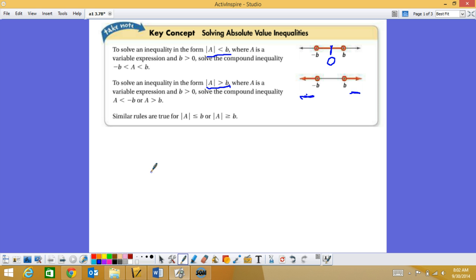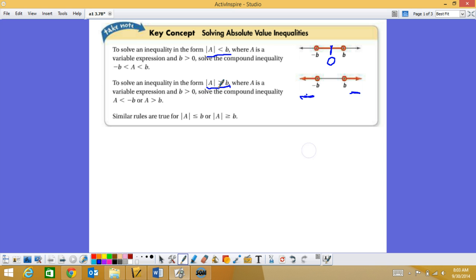Today we're going to be solving absolute value inequalities. And just like with absolute value equations, absolute value once again means a number's distance from zero. So if the absolute value of something is less than a certain value, that means its distance is less than that value, so it would be closer to zero than that given number.